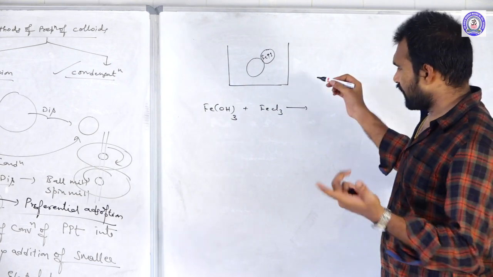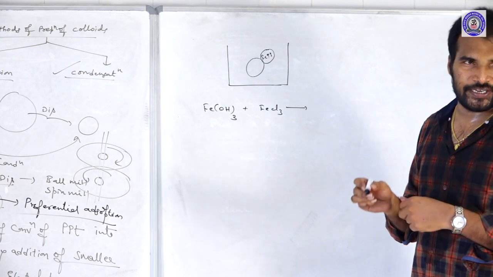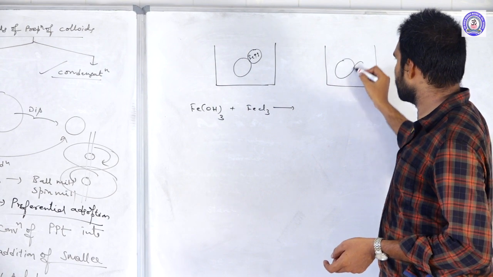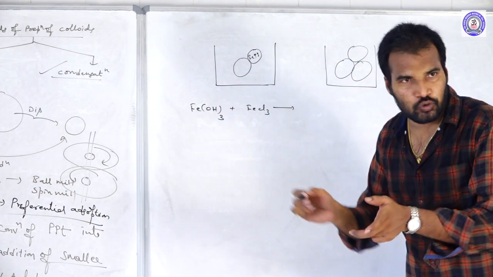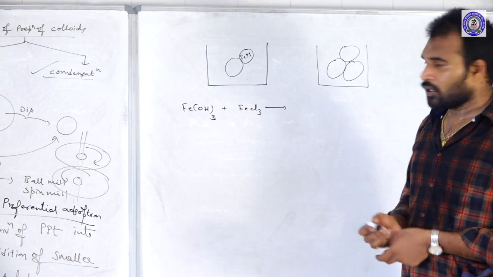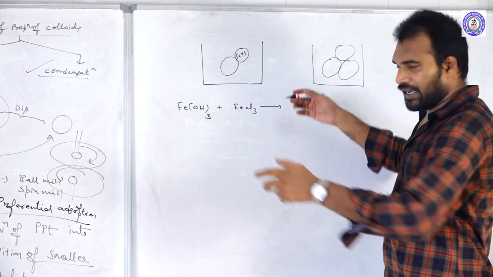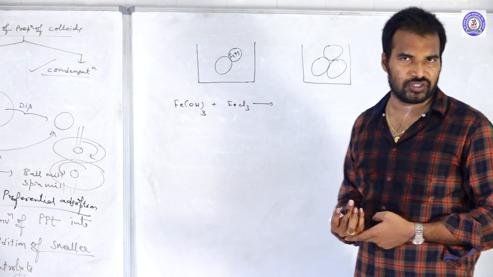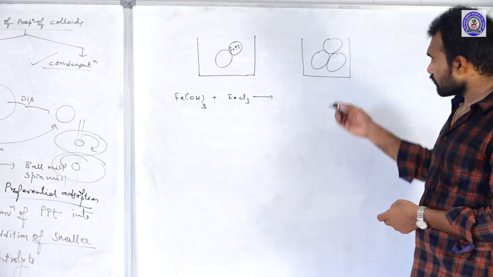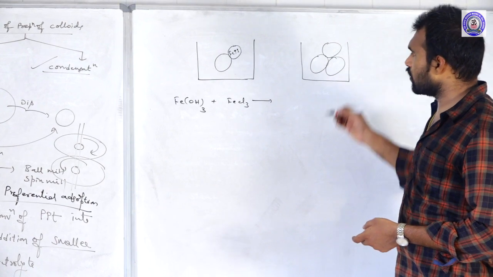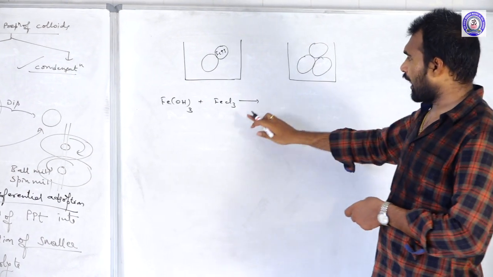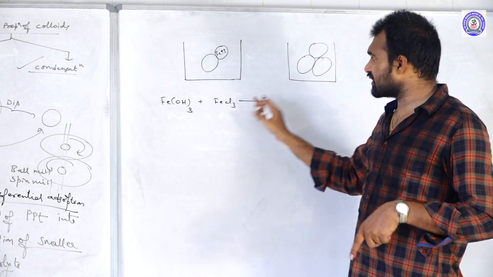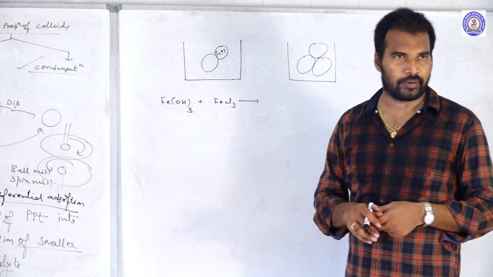Suppose you consider this is the precipitate. All particles are gathered together and they form a precipitate. If you separate these molecules from each other, then they form a colloidal solution. How are we separating? To disperse these molecules into the solution, I am adding an electrolyte in smaller amounts, which has a common ion to its molecules.